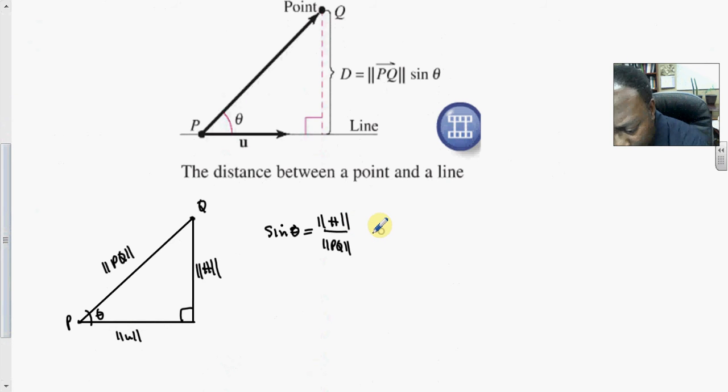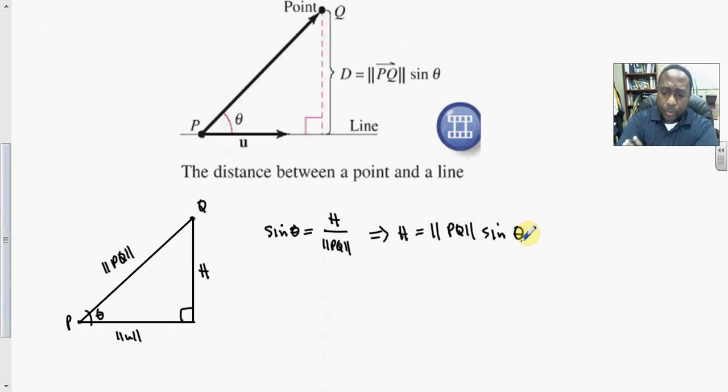This h is the height, which is a length, so I don't want to have all these symbols. Just write h. So this implies that h is equal to the norm of PQ times sine theta.